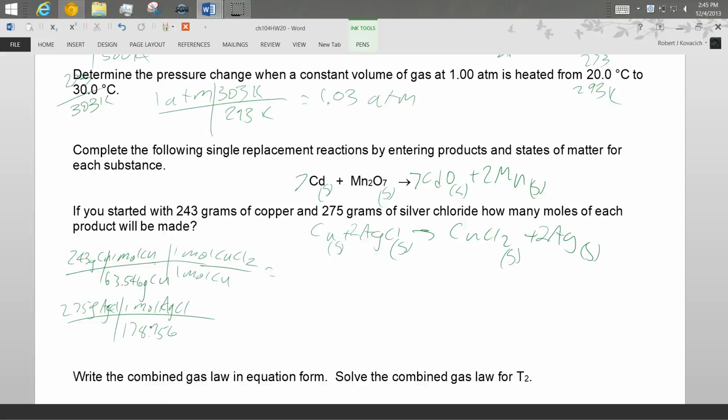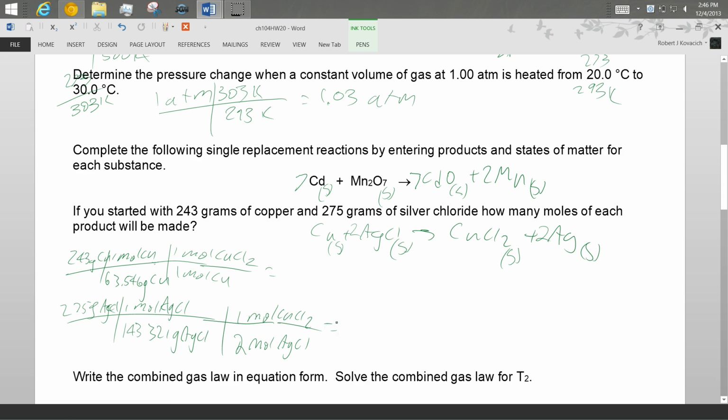Really? 170? All right, that sounds much better. 143 what? 321. All right. Grams of AgCl. And then 1 mole. No. 2 mole AgCl and 1 mole CuCl2.